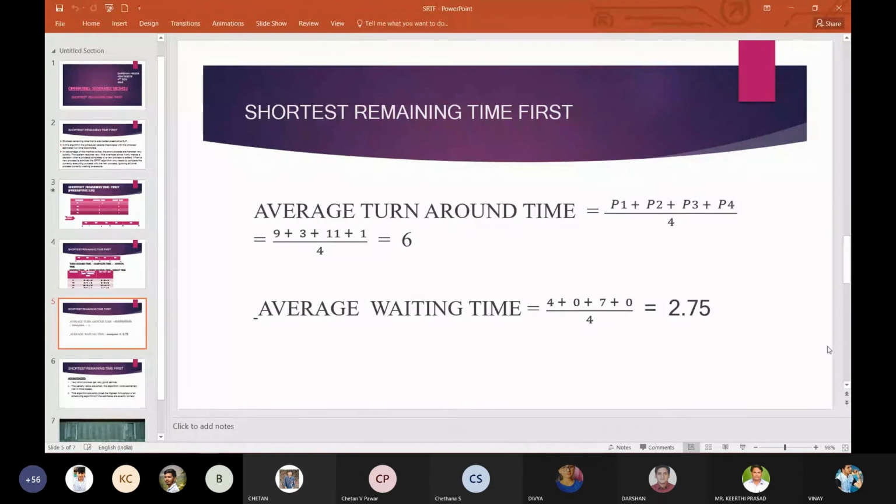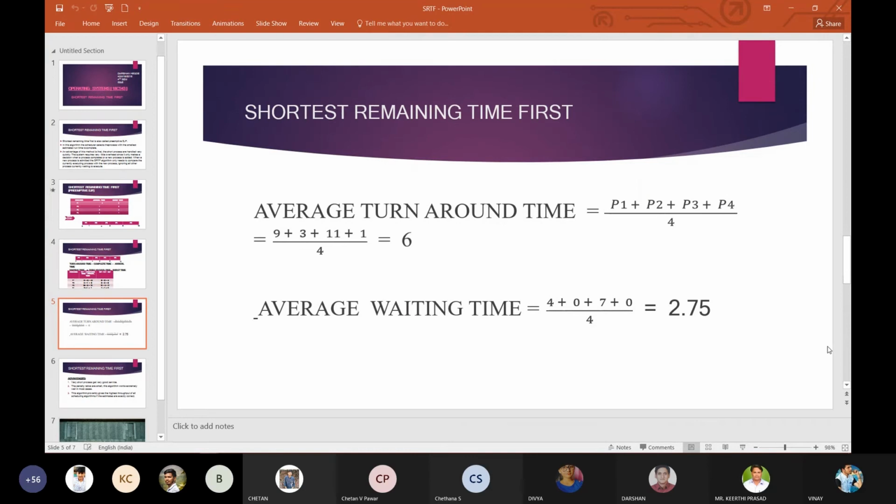So we can find the average turnaround time and average waiting time here by adding all the turnaround times and dividing by 4. Turnaround time of P1 is 9, P2 is 3, P3 is 11, and P4 is 1.